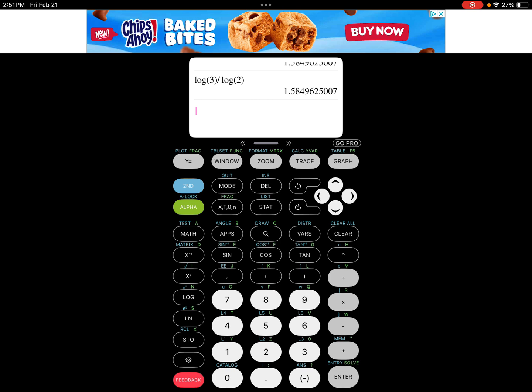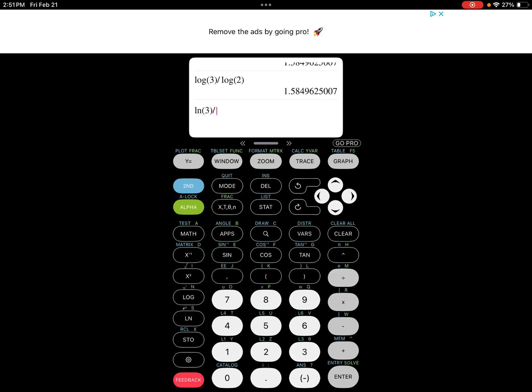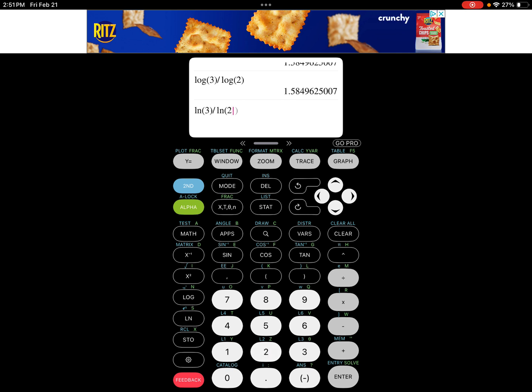That's also the same if you did natural log of 3 divided by natural log of 2, enter. Those are the same things, but you could use that alpha y equals function. I'm fine with that. Or you could just use Desmos if you wanted to, test mode.